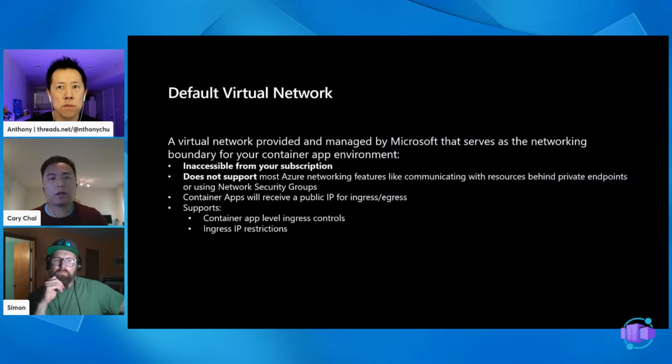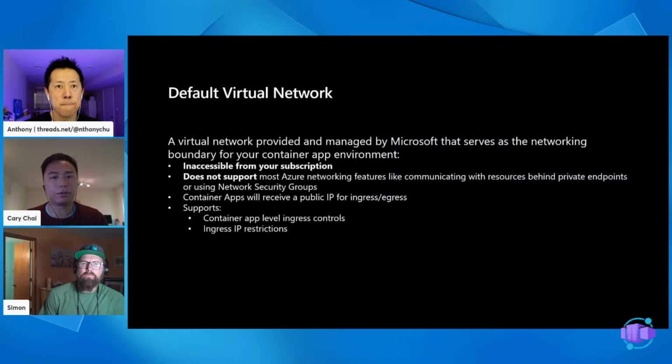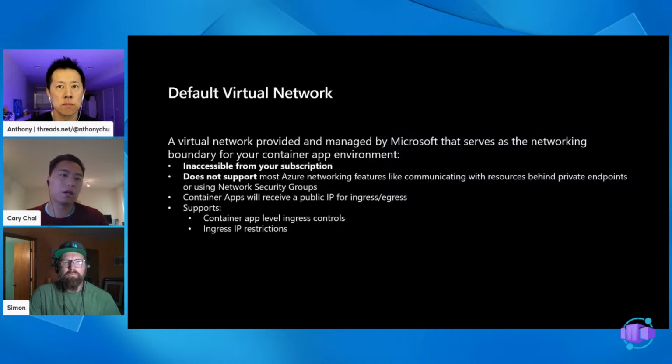So to start off with, when you create your Azure Container App, if you don't bring your own virtual network, there is a default virtual network that we integrate your application with. This is not accessible to you. It's fully managed by us as Microsoft. It does give you some very basic things, like app level ingress control and IP restrictions.